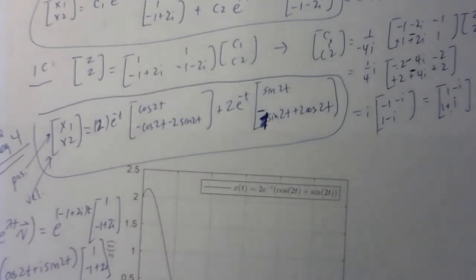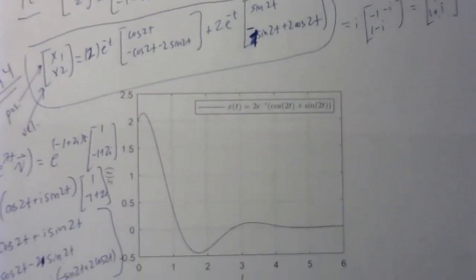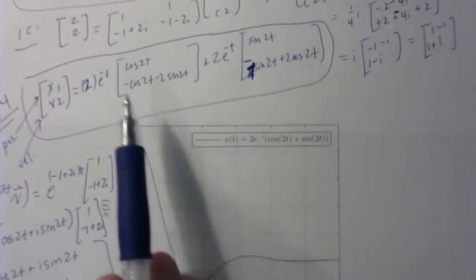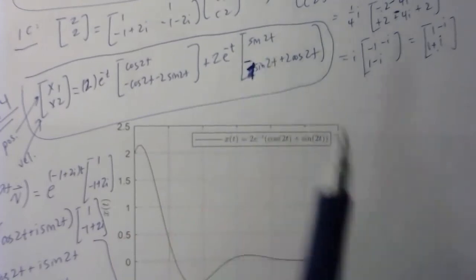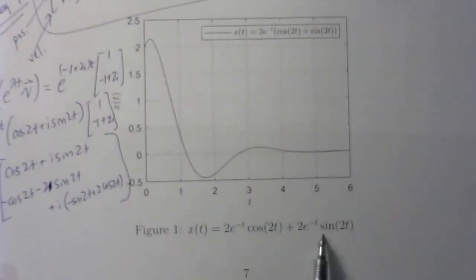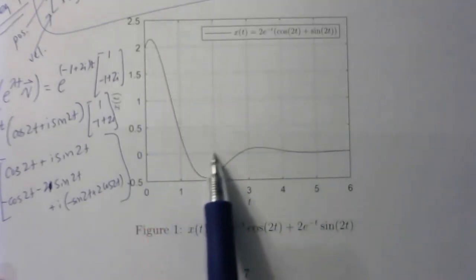we can see here in the plot below what this plot should look like. So this top equation is 2 e to the minus t cosine plus 2 e to the minus t sine. So like this. I start at 2 with a slope of 2. What happens to the system?